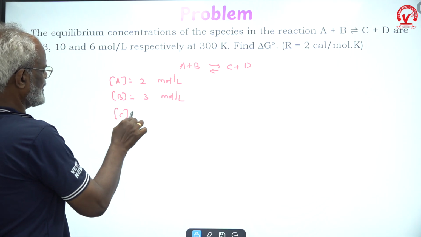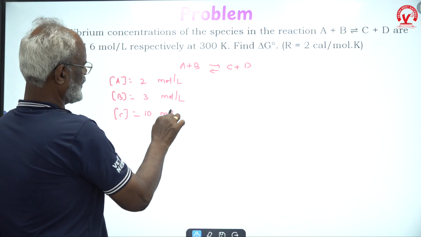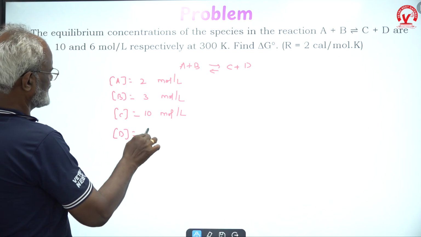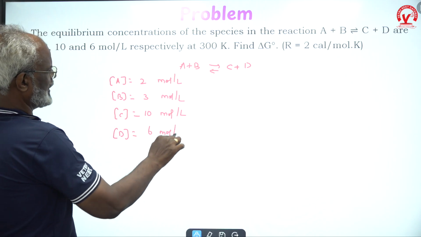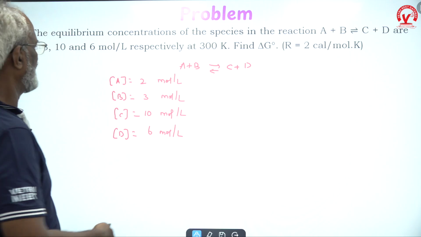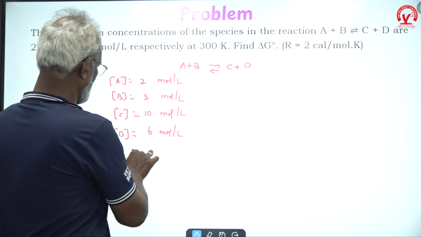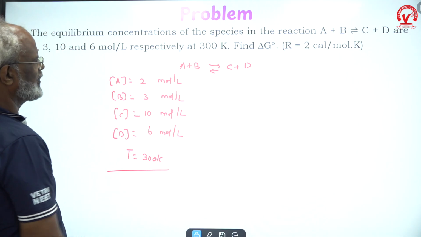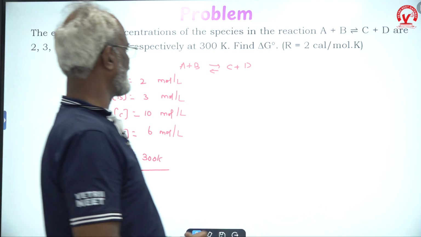Concentration of C is 10 mole per liter and concentration of D is 6 mole per liter. Temperature is given as 300 Kelvin. We have to find delta G naught. R value is given in calories.